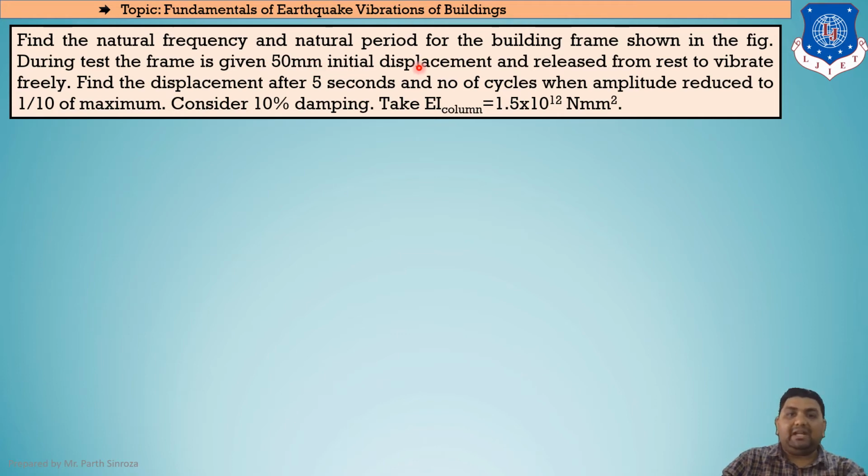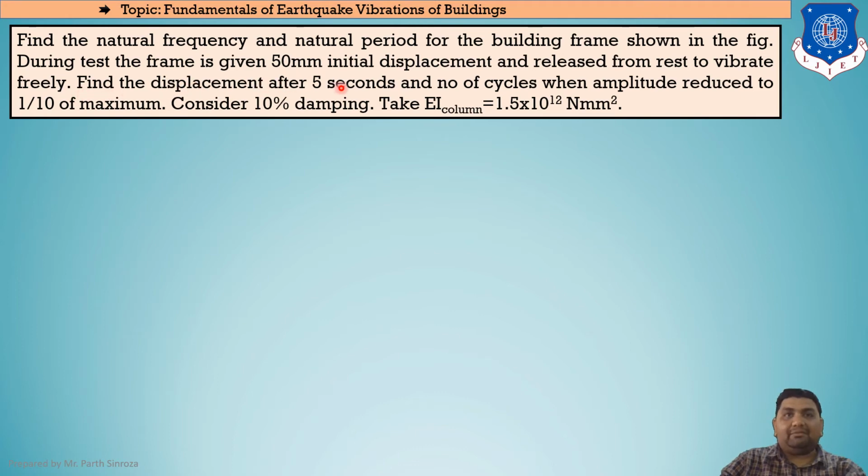That means initially at rest it is being displaced 50 mm, that means the initial displacement x0 is 50 mm, and it is released from rest to vibrate. Released from rest means the force is not applied continuously onto the system. The force is applied only in the initial stage, and then it is free to vibrate on its own. Clear? So that means it is a sum pertaining to free vibration.